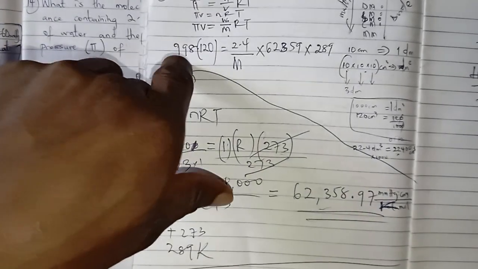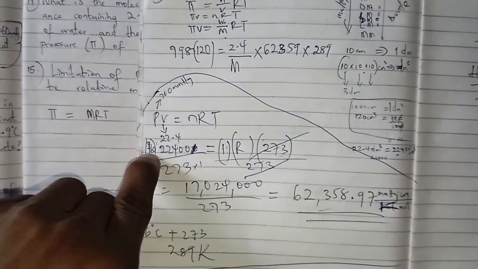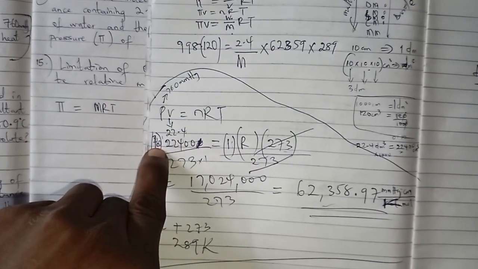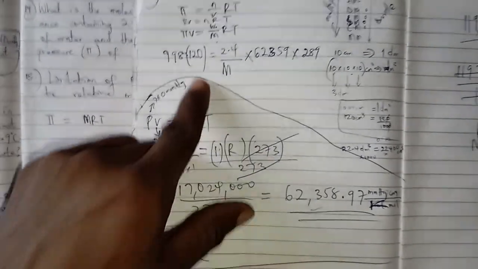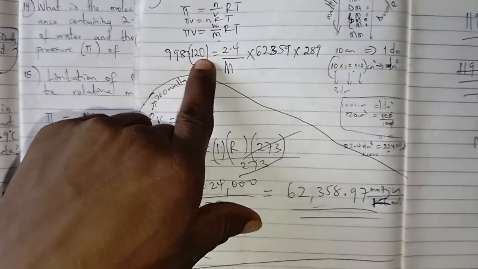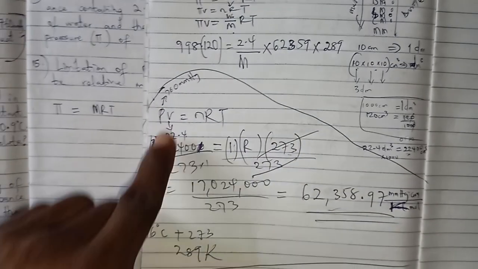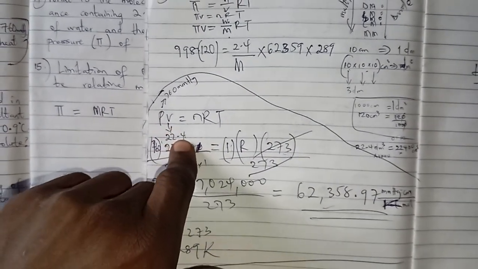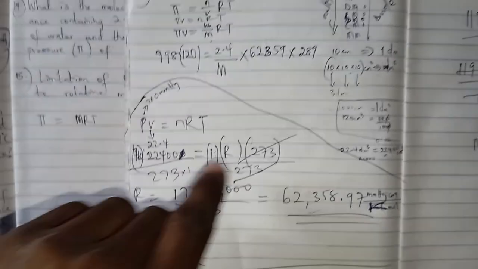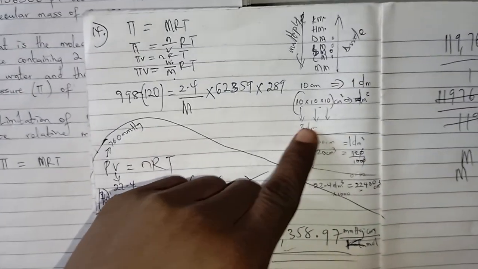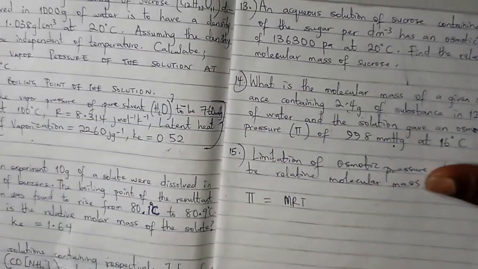Assuming they gave me this in torr, the pressure I will use will be in torr, and 1 atm is equal to 760 torr. Then, since centimeter cube is what I'm given, the volume is not going to be 22.4, but rather 22,400, which I even showed you how to get. With that said, let's check if there's any other question we can look at.